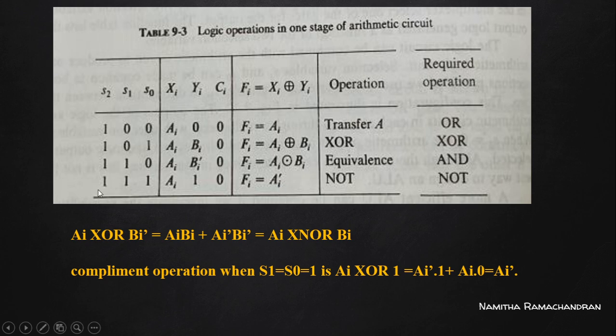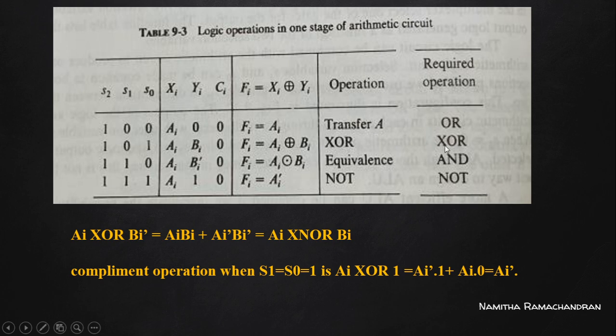With this particular selection combination S2 equal to 1, S1 equal to 1, S0 equal to 1, with Ci equal to 0, Xi equal to Ai and Yi equal to 1, automatically this full adder output becomes equal to the output of our logical NOT operation, which is directly possible with our existing arithmetic circuit.